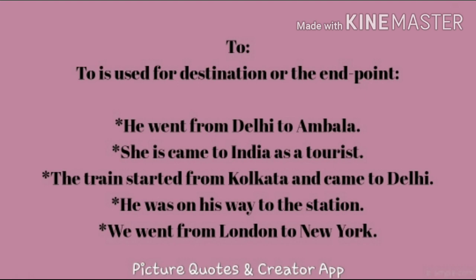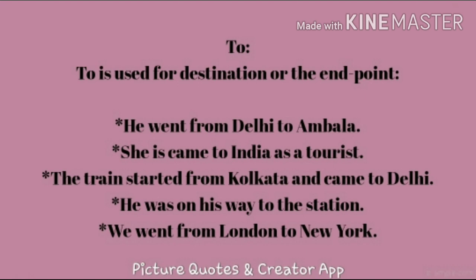Next one, she came to India as a tourist. So the final point or the destination of that lady is India. That's why to is used in front of that. The train started from Kolkata and came to Delhi. Here the same. And the next example, he was on his way to the station. The destination is the station, that's why to is used.